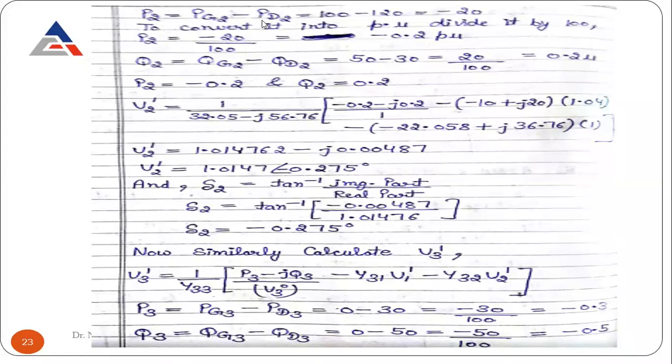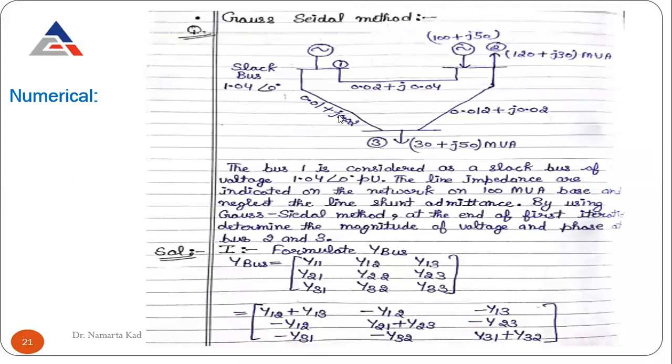Just see the question again: generated power is 100 at bus number 2 and the demand power is 120. So 100 minus 120 will be your P2, and similarly Q2 comes out to be 50 minus 30.